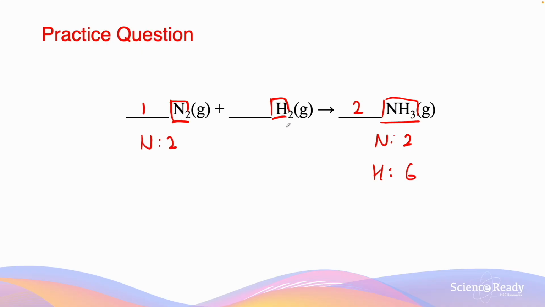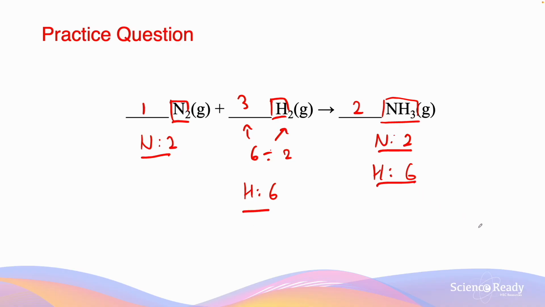H2 has 2 hydrogens per molecule, which means that we need a number which multiplies by 2 to equal 6 as a coefficient. This number is therefore 6 divided by 2, which is equal to 3. And so now the number of H's that we have on the reactant side is equal to 6. Now we have the correct number of nitrogens on both sides, as well as the correct number of hydrogens on both sides.